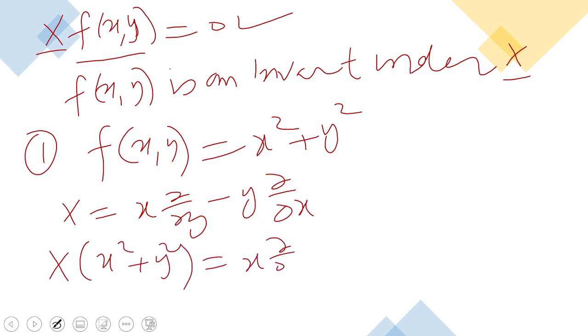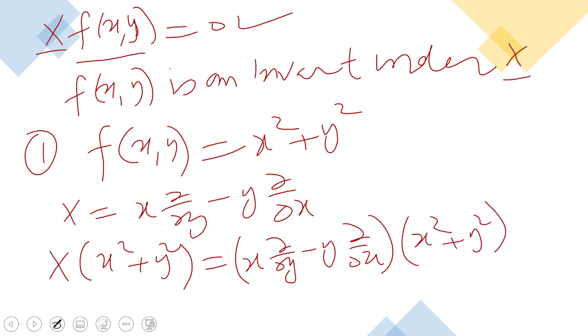X ∂/∂y minus y ∂/∂x operating on x square plus y square, I will get 2xy minus 2xy, and you will see it cancels to 0.